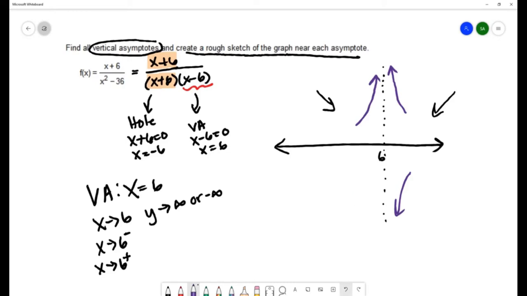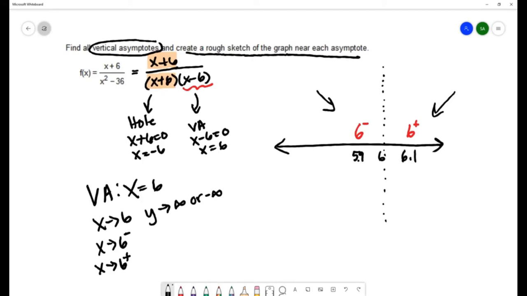The way we figure it out is with a test value. We want to pick a test value that qualifies for above 6 and a test value that qualifies for below 6. We really want to pick something that's close to 6, so maybe we pick 5.9 and 6.1.